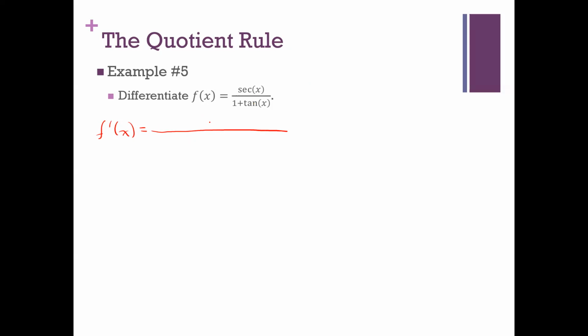So for this first term in the numerator, which do we need to take the derivative of? Secant or 1 plus tangent? Secant. What's that derivative? Secant x, tangent x. Secant x, tangent of x, times 1 plus tangent of x. So that's the first term.